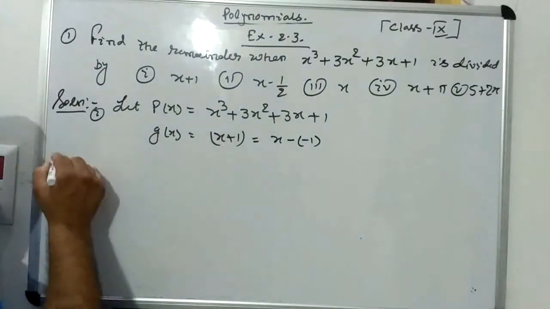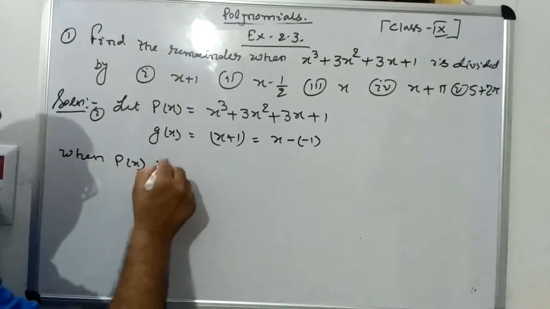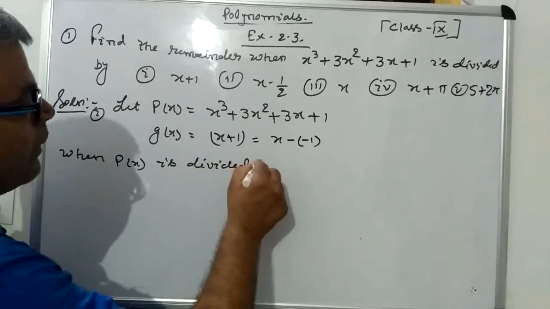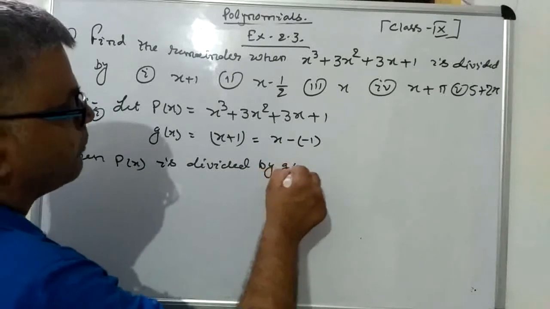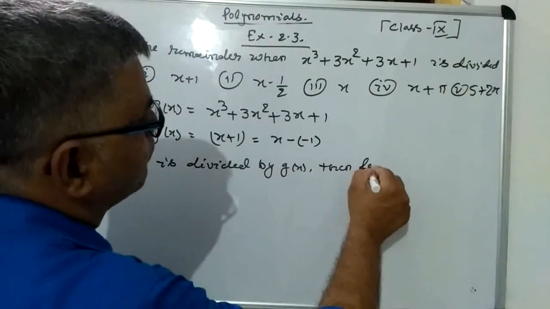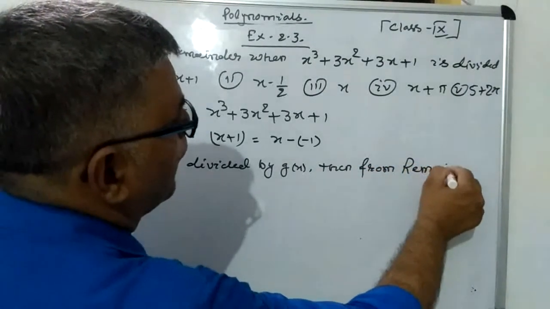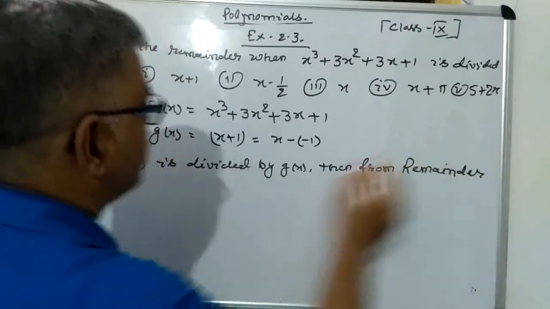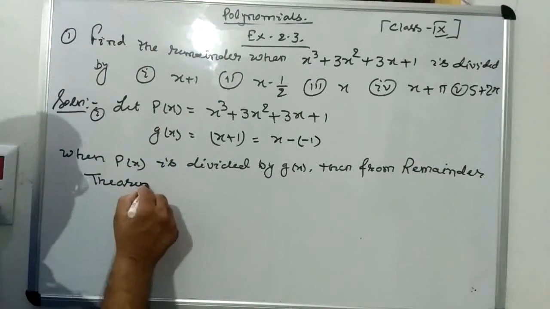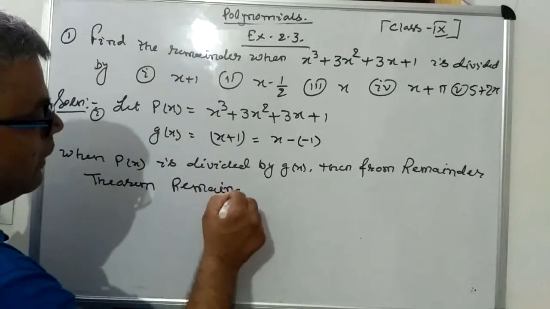So you write here, when P(x) is divided by g(x), then from remainder theorem, remainder will be equal to what?